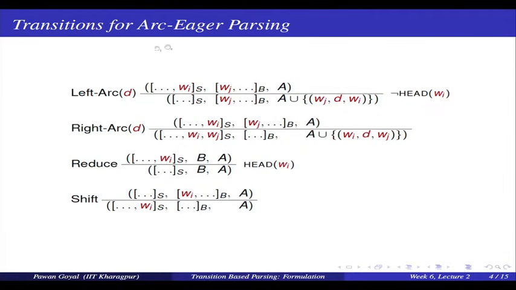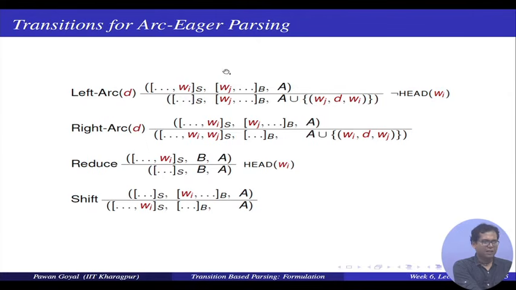So, for example, if I see the left arc transition, what does it say? It says that I can apply it when the stack contains some words, and I have been shown here the last word in the stack. I can also call it the top of the stack, the word is Wi. The buffer contains some words starting from Wj, the top of the buffer is Wj, and I have some set of arcs A. Now, what do I mean by left arc?